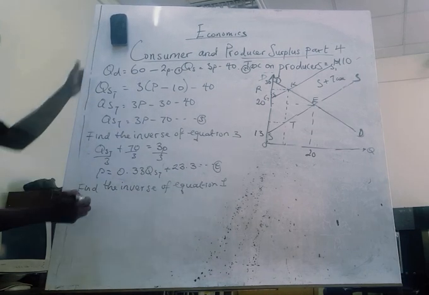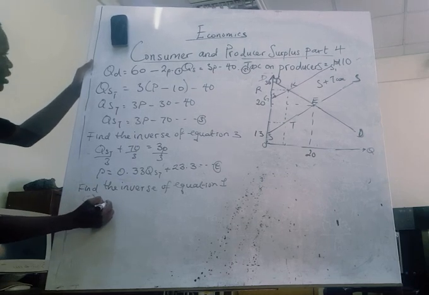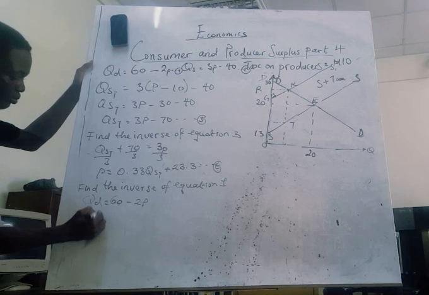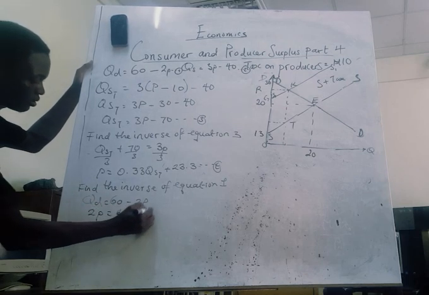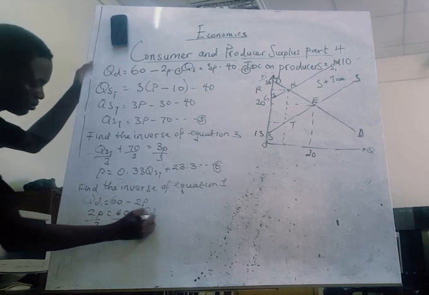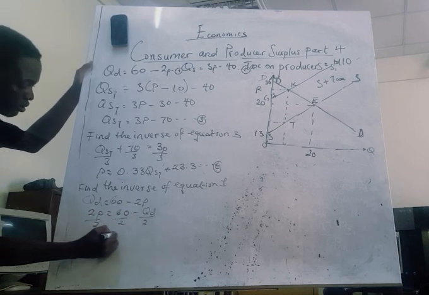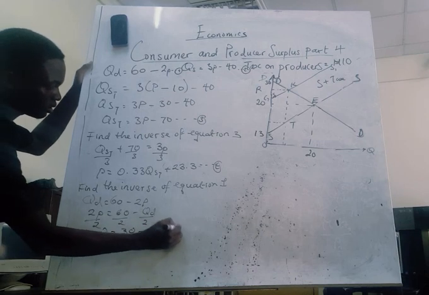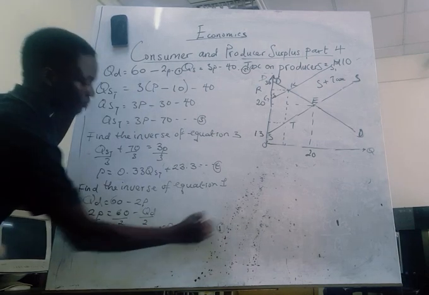So what is equation 1? Equation 1 is QD equals 60 minus 2P. So this is going to become 2P equals 60 minus QD, and we divide through by 2. So P is going to be equal to 30 minus 0.5 QD, and this is equation 5.